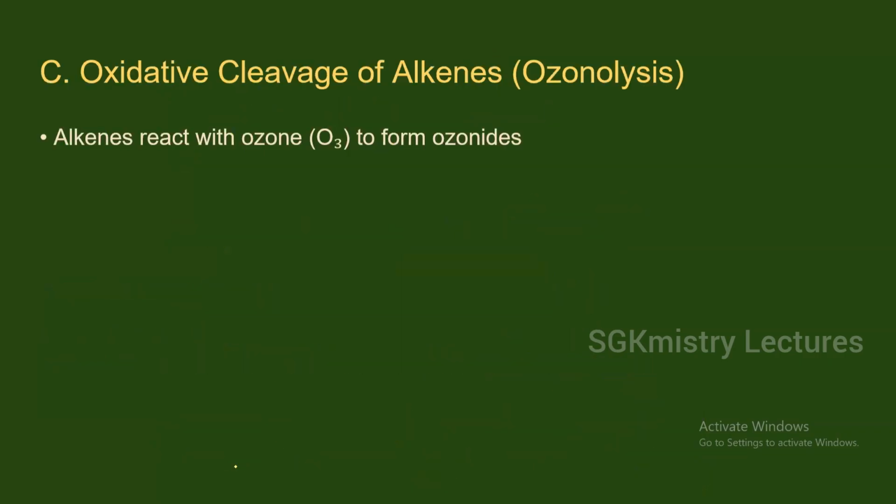Next, coming on to oxidative cleavage of alkenes by ozone, or in other words, we also call it as ozonolysis. Let us talk about how the ozonides are formed and how the cleavage takes place to give the carbonyl compounds. So we have RCH, C. Here I'm going to take the different R groups. Let us take it as R dash and R double dash.